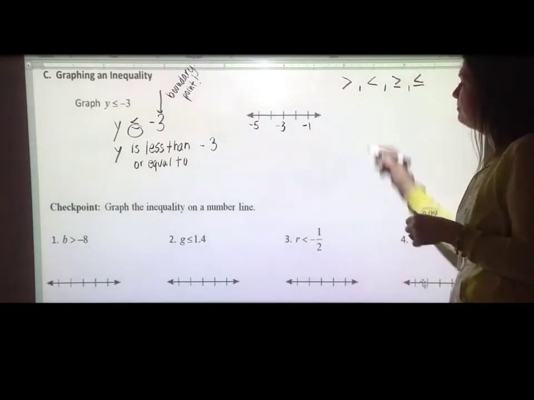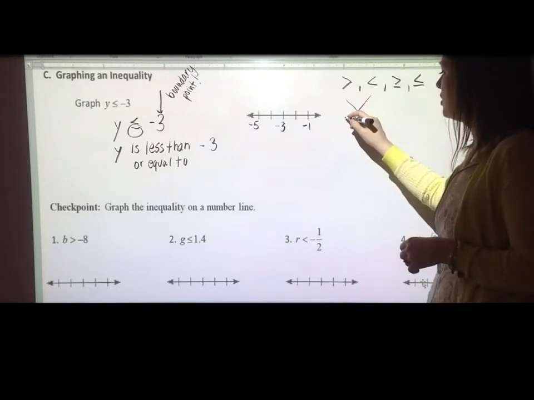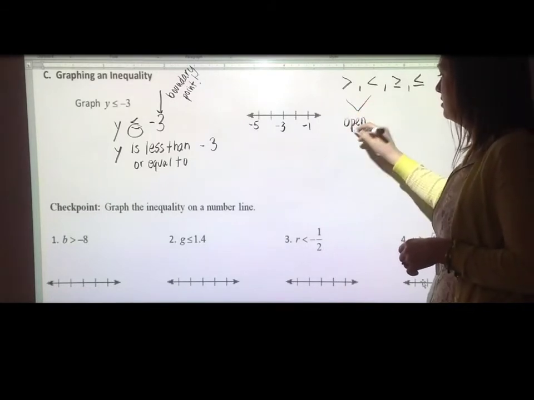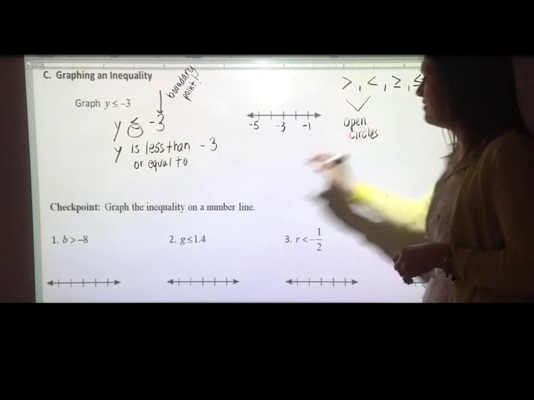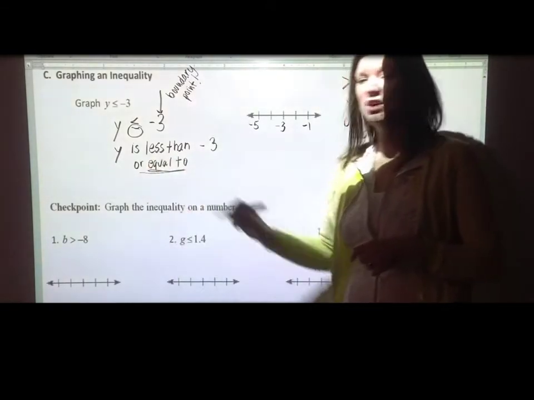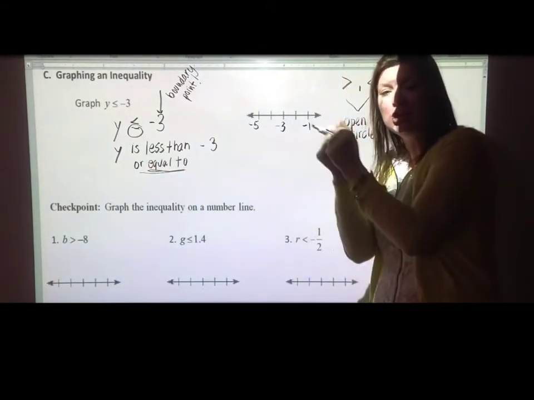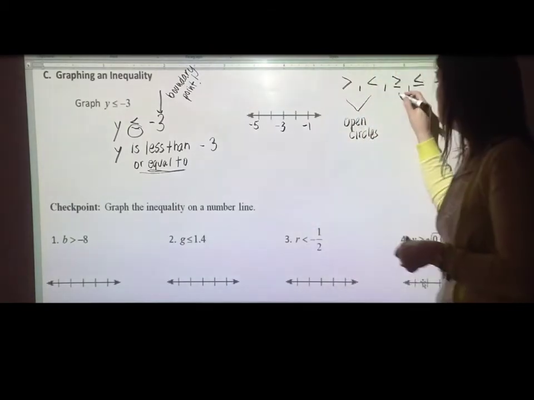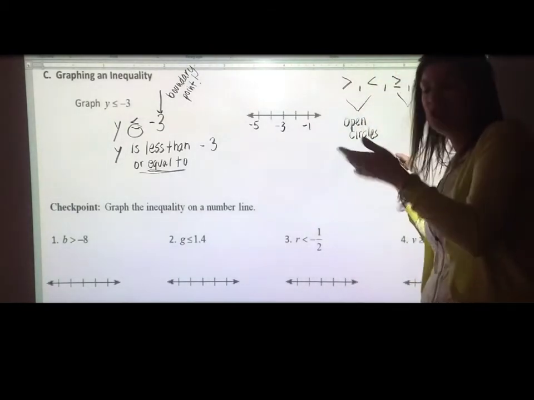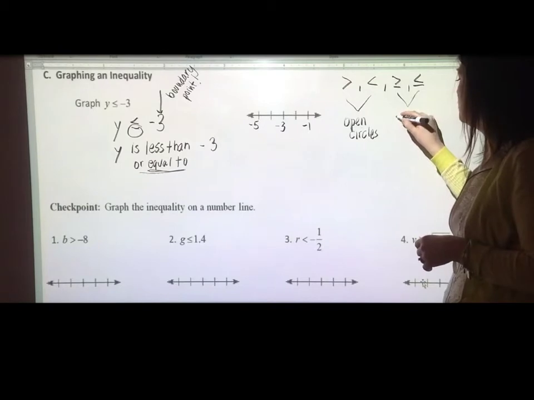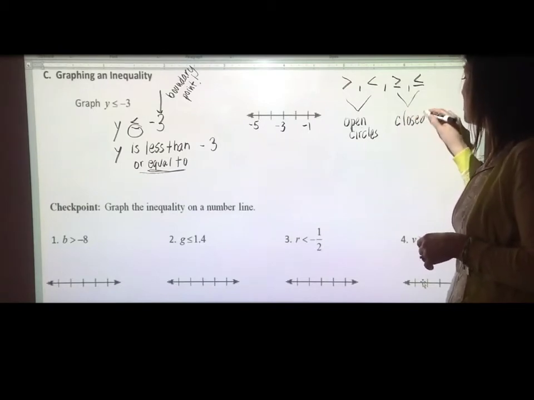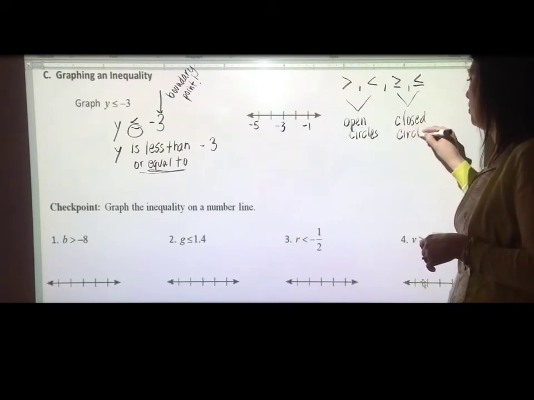When you see these symbols, we are using open circles, because we do not have an include factor of equal to. So we're not including that number. But when we do have the equal to underneath, we are using closed circles, because we're including the boundary point.